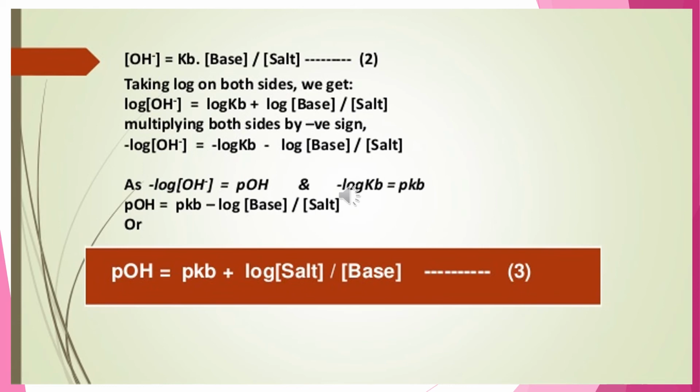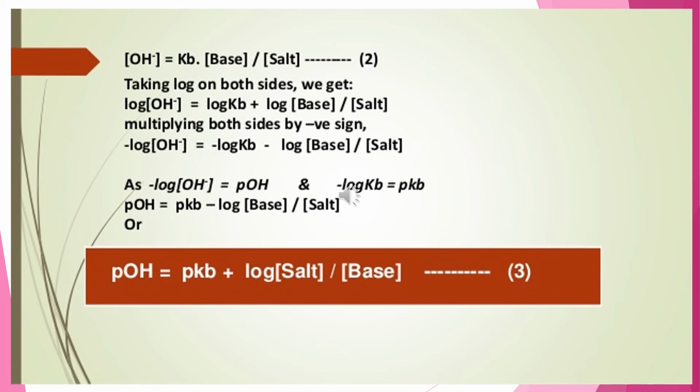Equation number 2. Taking log on both sides, we get log concentration of OH is equal to log dissociation constant of base plus log base divided by concentration of salt. So multiplying both sides by negative sign, we will get minus log concentration of OH ion is equal to minus log Kb minus log base upon salt.